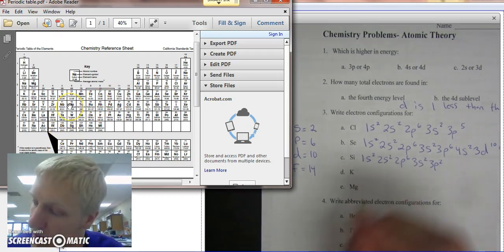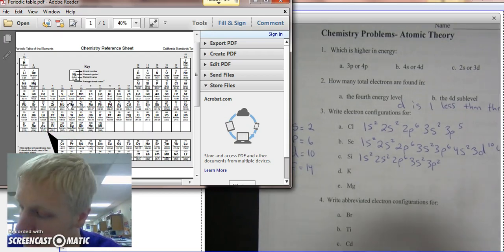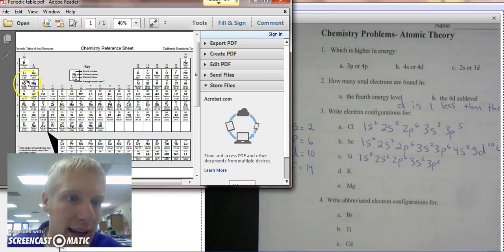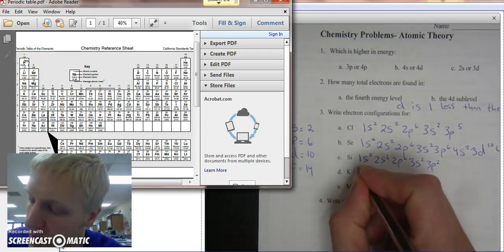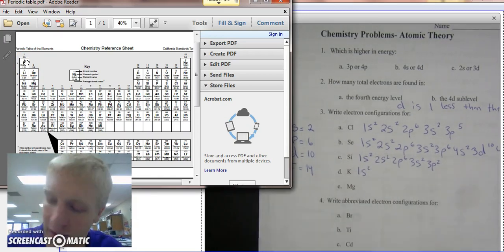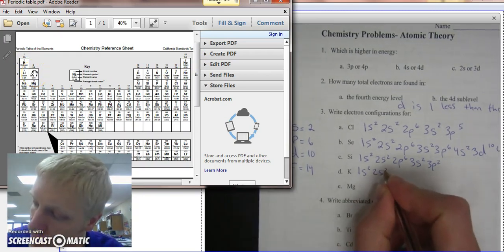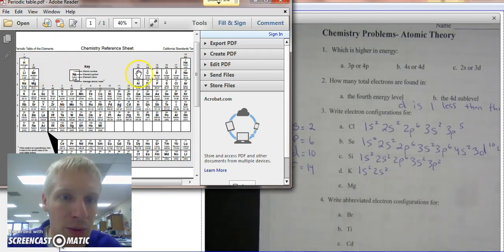Alright, doing the next one real quick. We have potassium. This tricky guy. It's right over here. So we have to do Aufbau principle. Start at the lowest energy level. First row, S section, 1s, 1, 2. Keep on going. 2s, 1, 2. 2p, 1, 2, 3, 4, 5, 6.